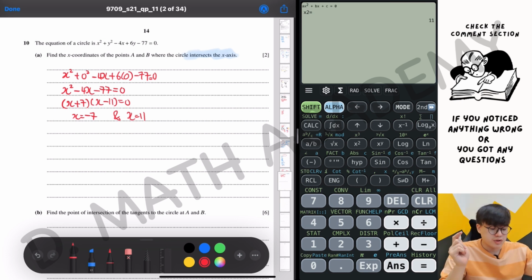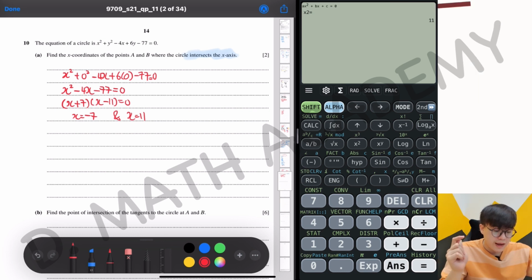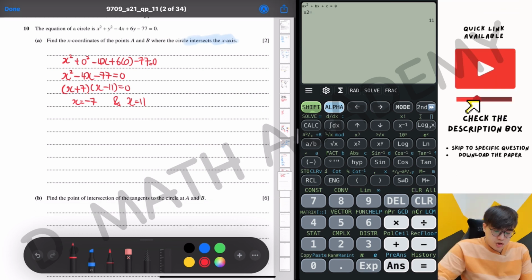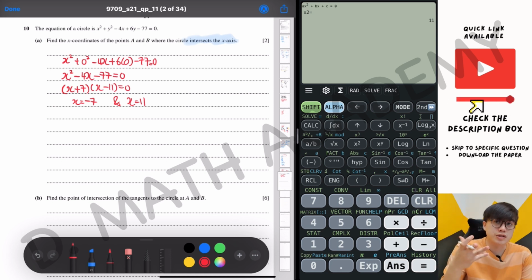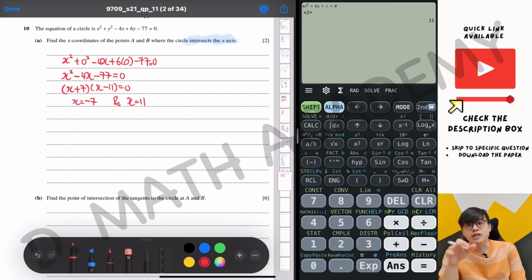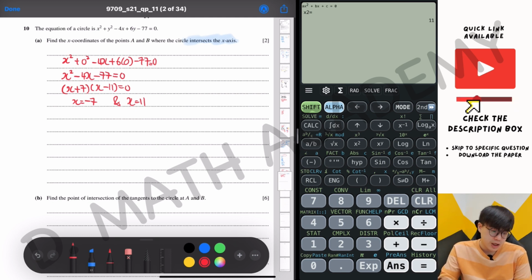Find the point of intersection of the tangent of the circle at A and B. So for part B, I personally would do something extra here, which is to identify the center of the circle using readjusting the circle equation that was given to us. So this one actually involved a little bit of completing the square concept.